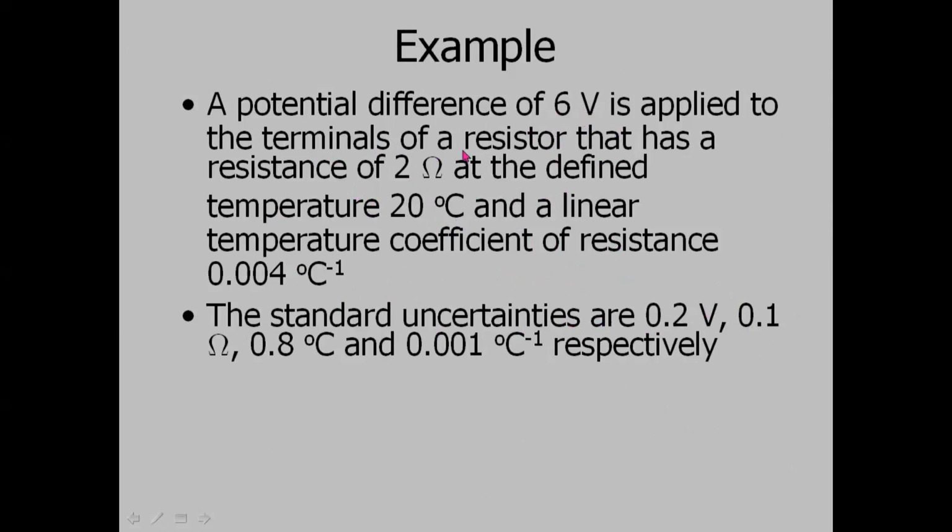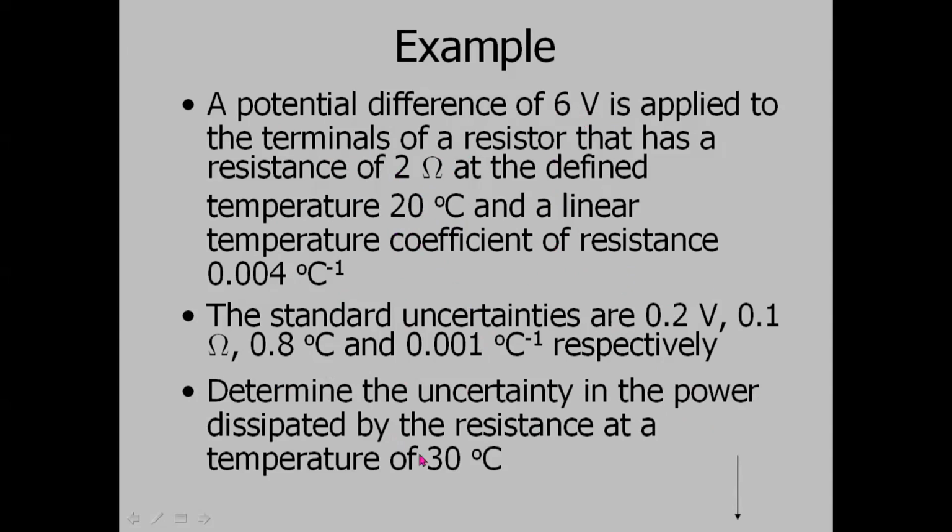You apply a voltage to this resistance at a particular temperature. What will be the uncertainty in the power dissipated by the resistance at a temperature of 30 degrees Celsius? The resistance gets heated up, the temperature goes up to 30 degrees. What will be the power absorbed by the resistance?